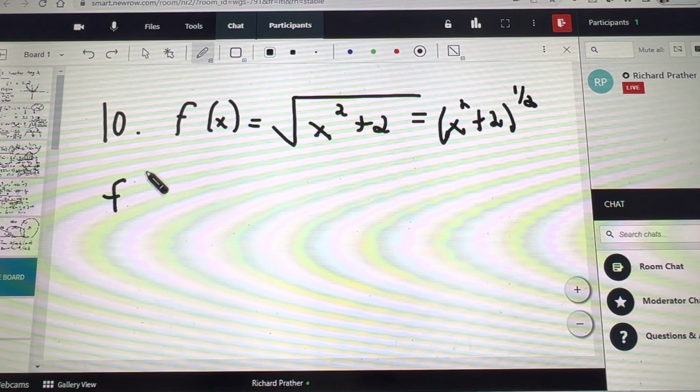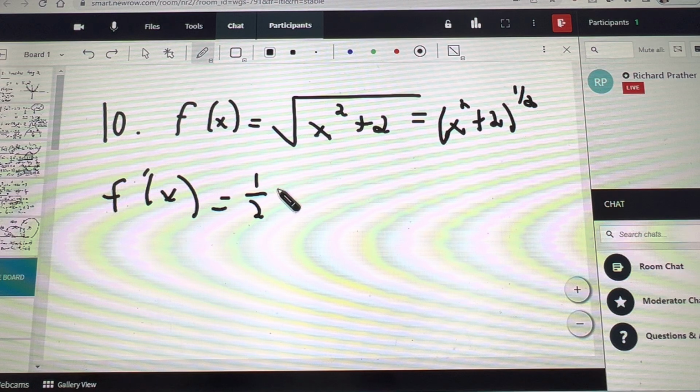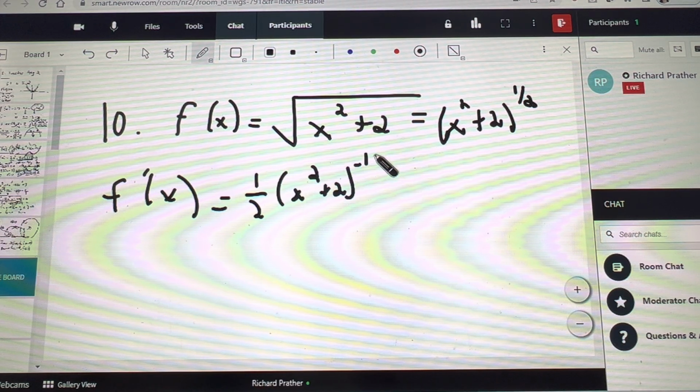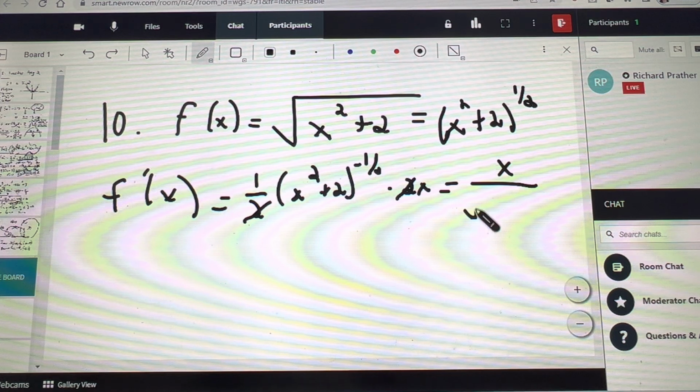So the derivative of that is, using the chain rule here, we would do the outside portion first, 1/2, write down the inside stuff, decrease the exponent by 1, and then chain on the derivative of the inside. The derivative of x squared is 2x. And the derivative of 2 is nothing. So this 2 can cancel that 2. The x would stay in the top of the fraction. And I could put this in the bottom to make it a positive 1/2 and even put it back as a square root.